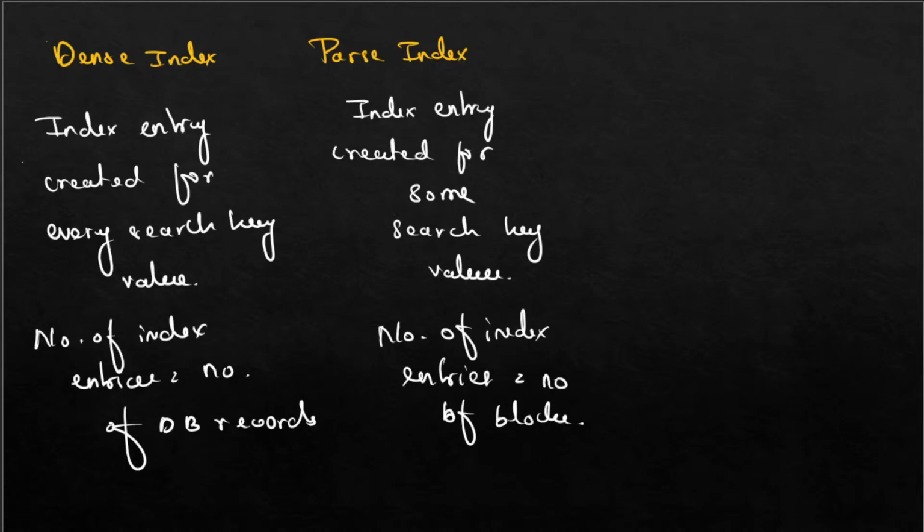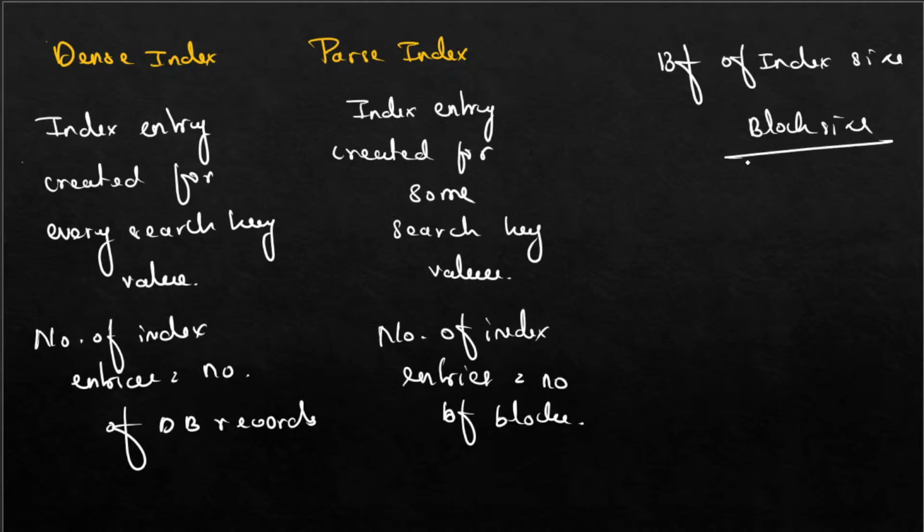So blocking factor of index is block size by index record size. Like this.